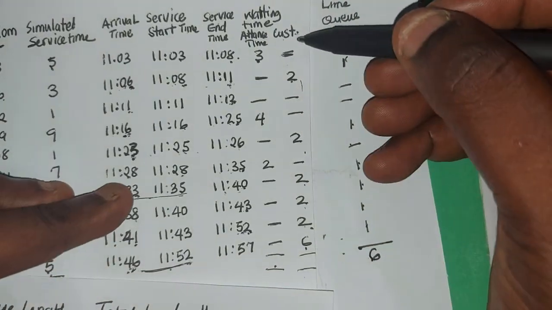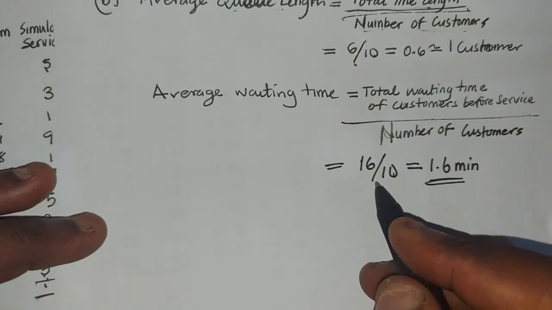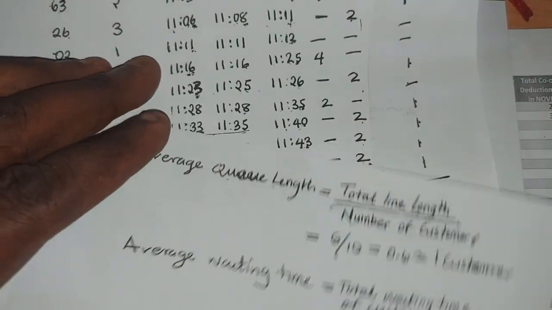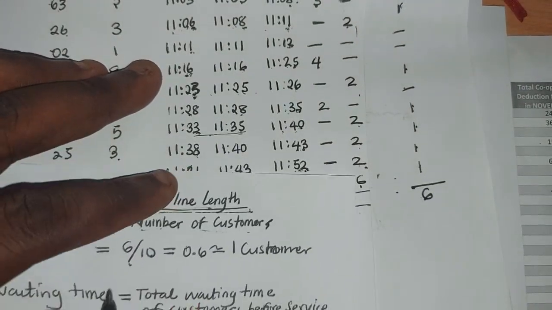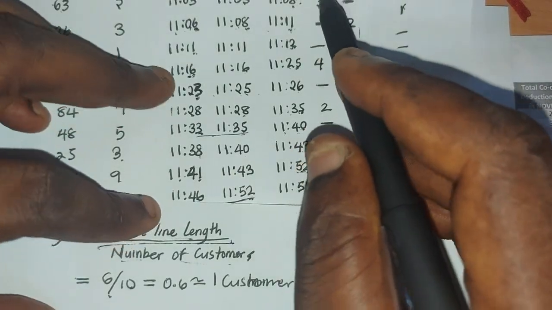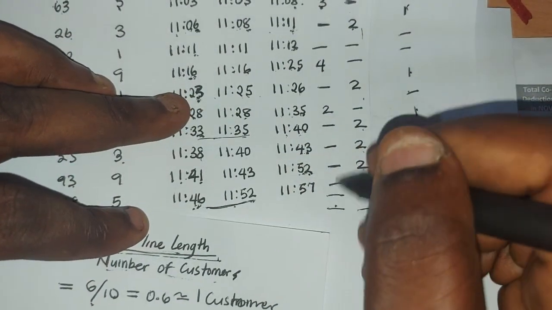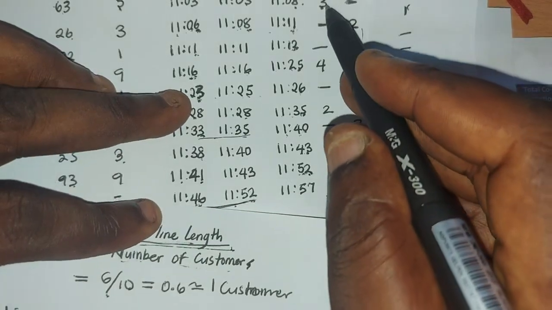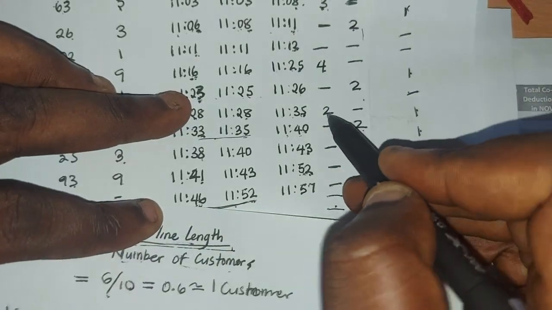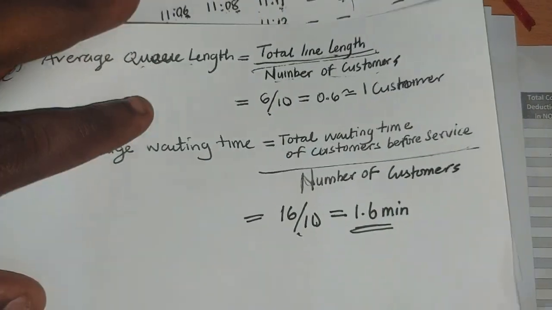This is the average customer waiting time, which is 1.6 minutes divided by number of customers. Then if you want to calculate idle time, it is the time the attendant is waiting for a customer. He is waiting, he's not doing anything. Okay, we have 3 plus 4 plus 2.